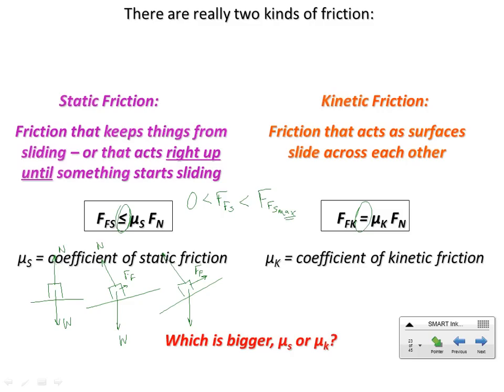The maximum value it can be is mu static times the normal force. It doesn't have to be that much; that's the most it can be. But for kinetic friction, there is always exactly that much. If something's moving, that's how much kinetic friction there is.